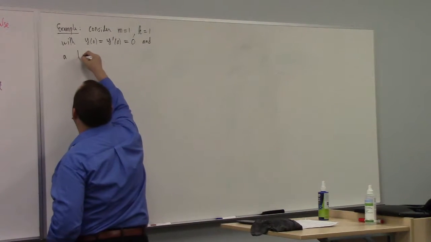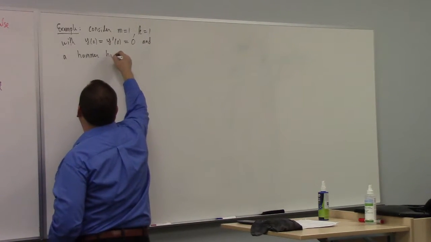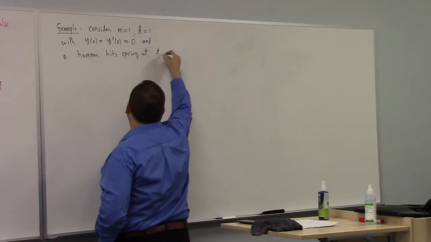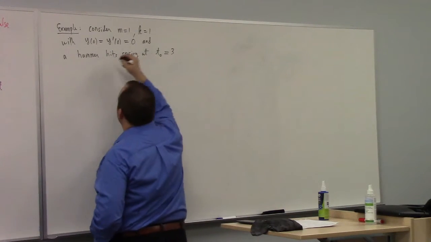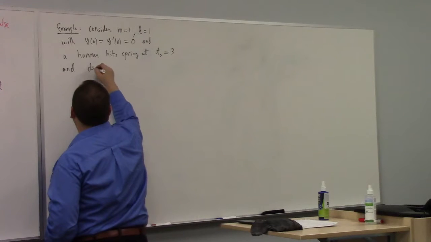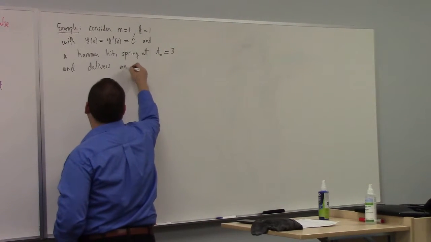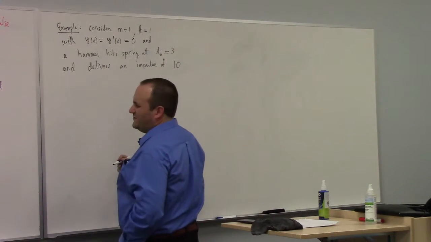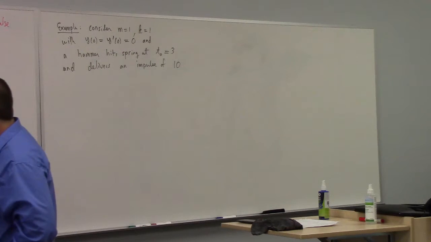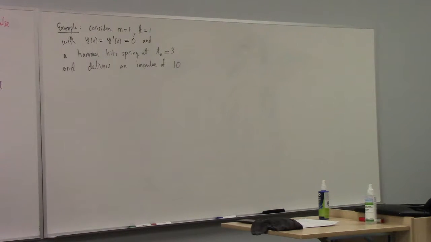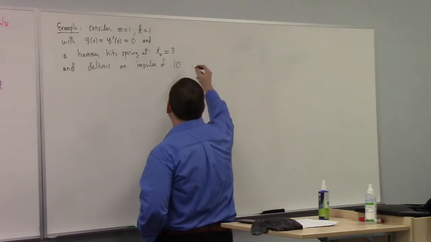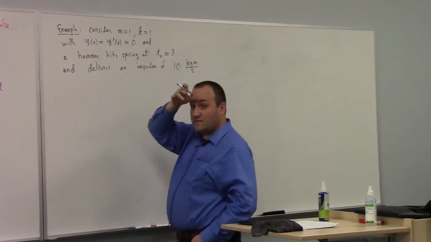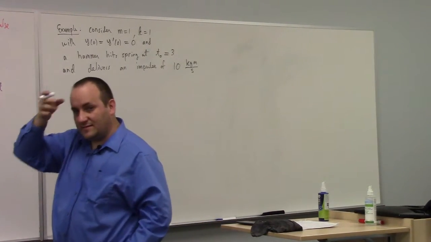And a hammer hits the spring at time t naught equals 3 seconds and delivers an impulse of 10 what? What are the units of momentum? Yeah, kilogram times meters per second, also known as Newton seconds. Is that right? Or Newton second? Yeah.